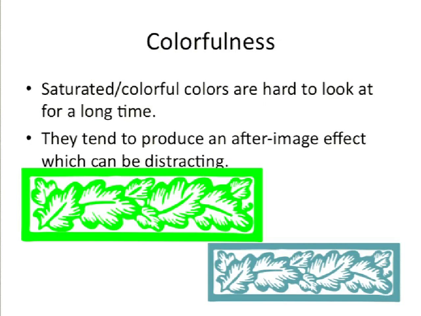They can't really look at them for a long time. Again, on my screen, this green is very saturated, very bright, whereas this other color here in the lower right is a much more subdued color that's easier to look at for a long time. So be aware of that aspect of color.